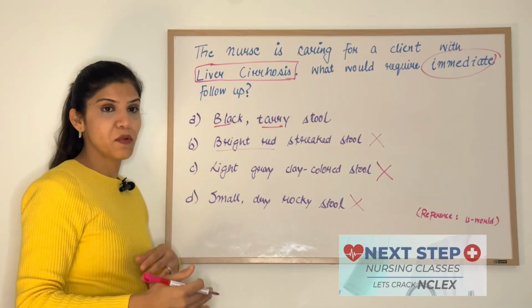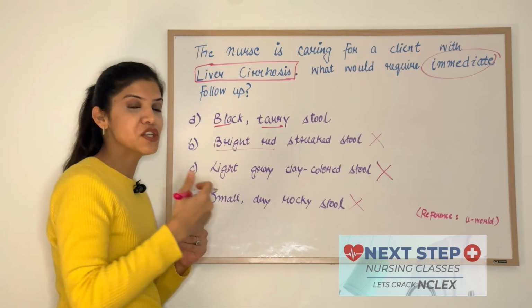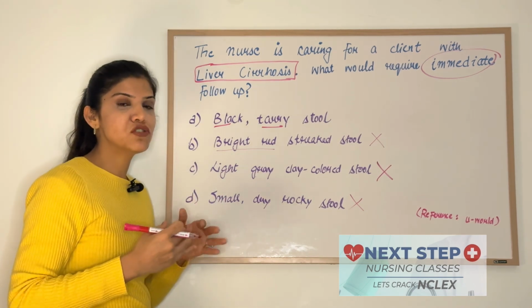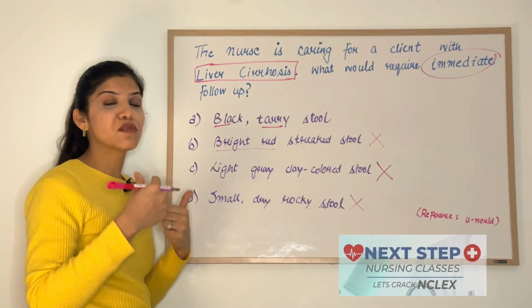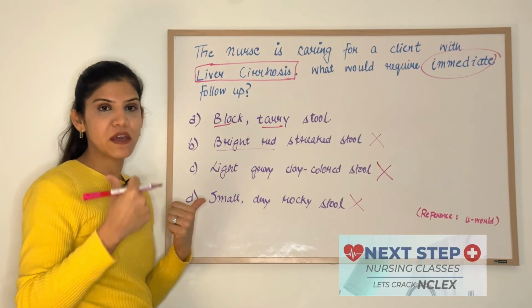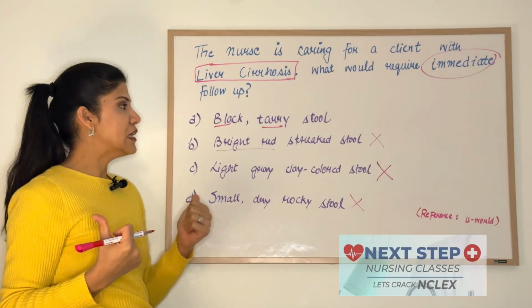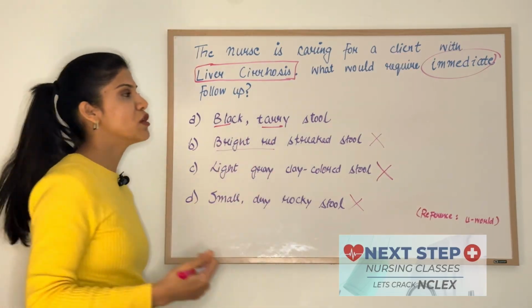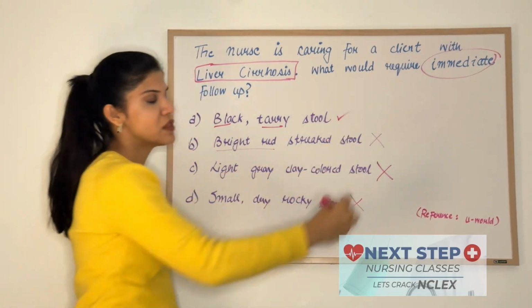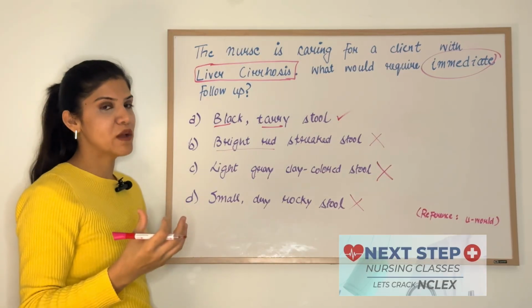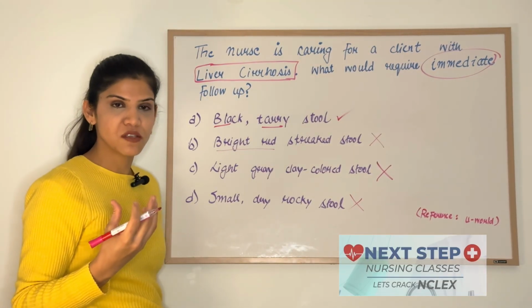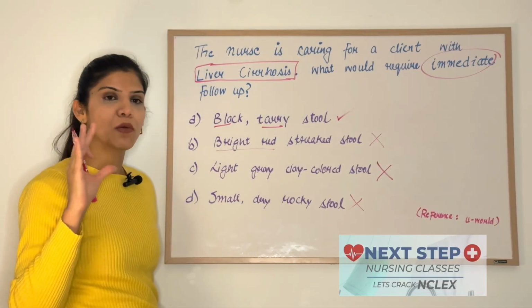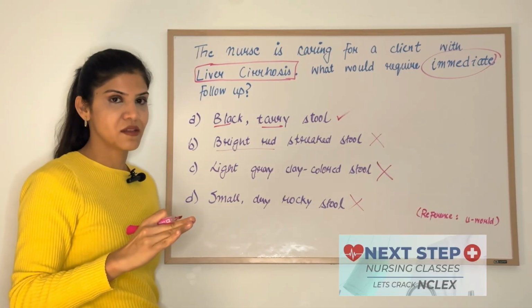However, because of the liver problem, the patient may have portal hypertension, and because of portal hypertension, he may bleed. He may have esophageal varices, bleeding of the veins in the esophagus, which may lead to black tarry stools. Therefore, this is the only option left, and this is the correct one. That's how you can solve your questions if you have an idea about basic things in NCLEX.